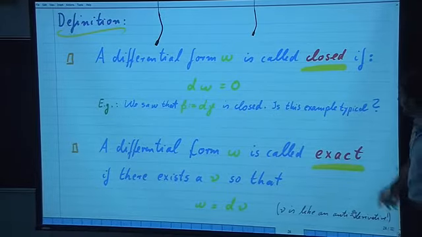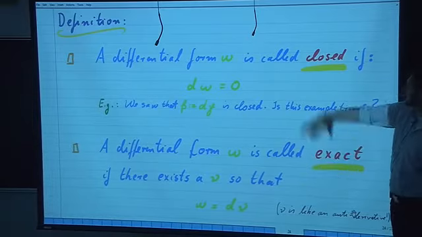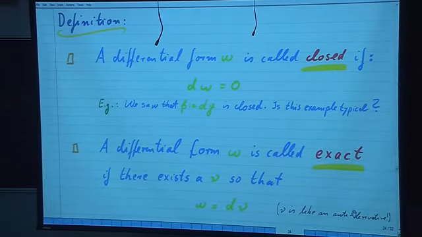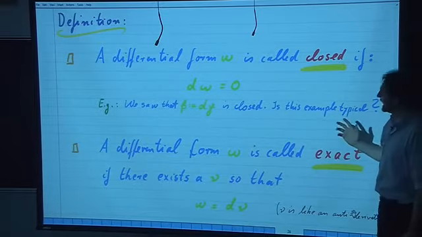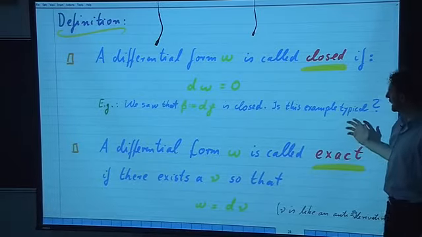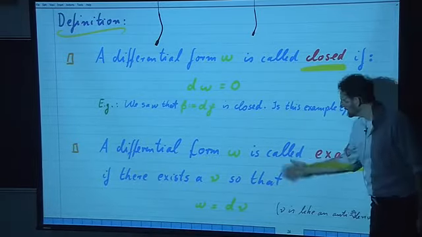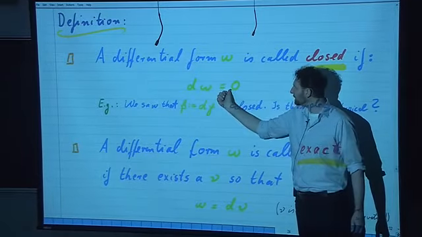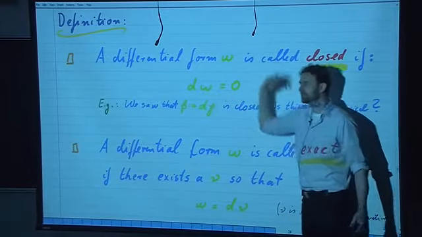So clearly, every exact differential form must be closed, because d squared is equal to 0. The key question is, if a form is closed, does it mean that it's also exact? If d omega is equal to 0, does that mean that omega is the d of something?